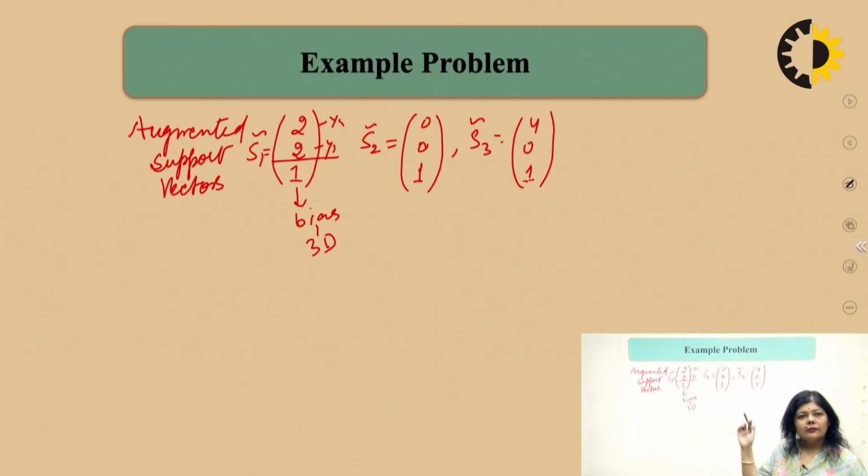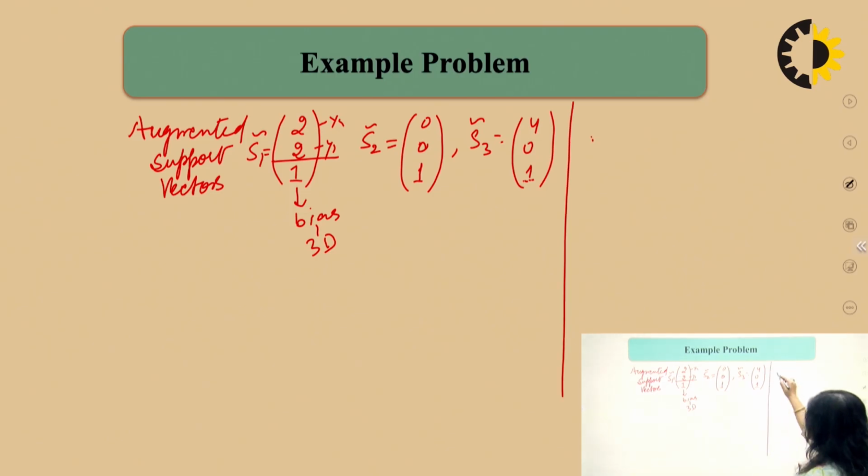what I need to do in the next step is find out the weight vector. Since we are finding the weight vector from the augmented support vectors, let's say that the weight vector I'm finding right now is called W tilde.